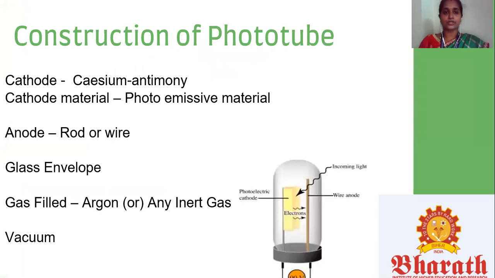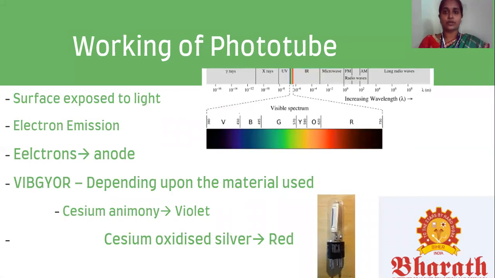Now coming to the construction, the surface of the cathode in a phototube is typically coated in cesium or some other type of photoemissive material. The coating is extremely sensitive to light in the ultraviolet, near infrared, and visible ranges of the electromagnetic spectrum.